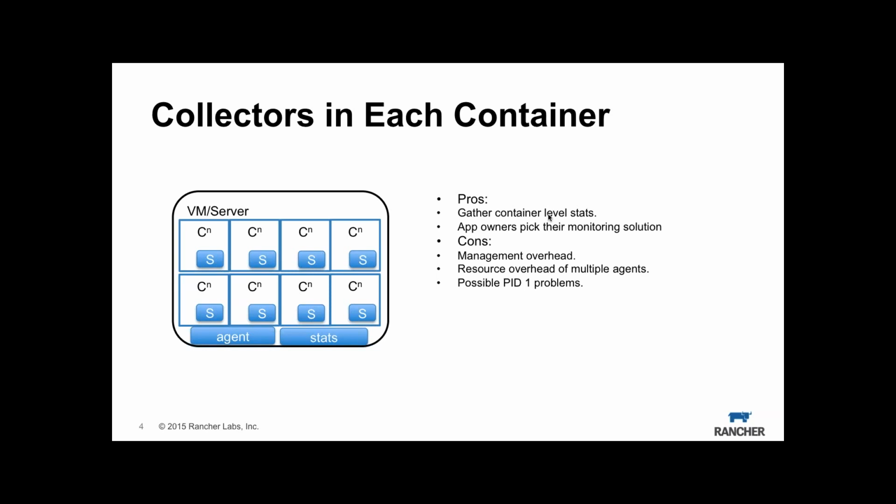But you end up with the management overhead of adding those containers, and the resources of running multiple different agents or collectors. And if you're running multiple processes in a container, you also have to run another system, like a monitoring or watchdog process, to keep track of those two processes and make sure they're always running, because you don't want your monitoring agent to go down, or worse, your app to go down with the monitoring agent. It just ends up in these weird states.